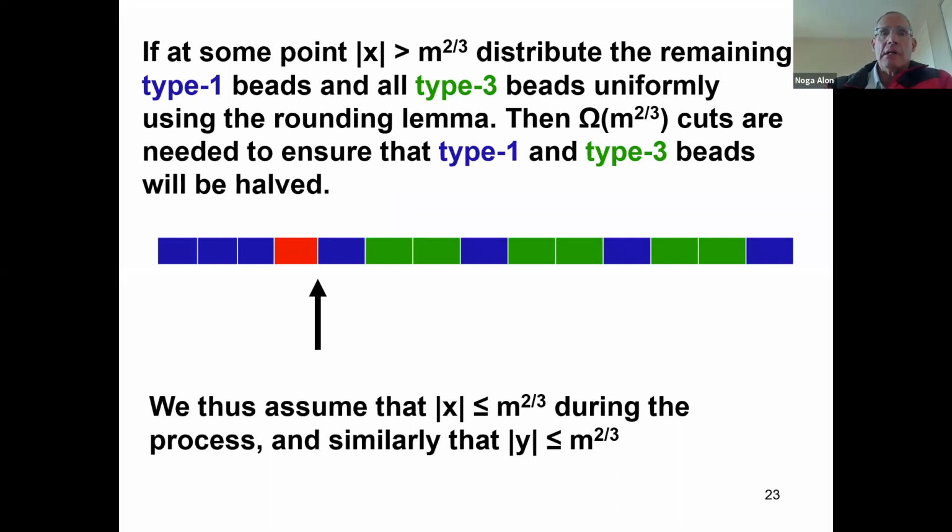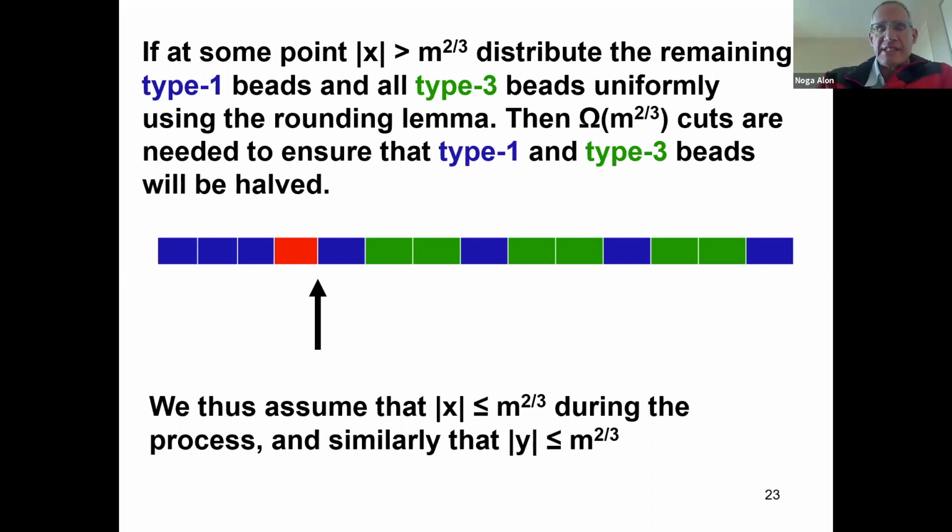Because at the moment, the first guy has more blue than the second guy. So altogether, he would have to get fewer beads than the other guy. And then the type 3 measure would not be distributed evenly.